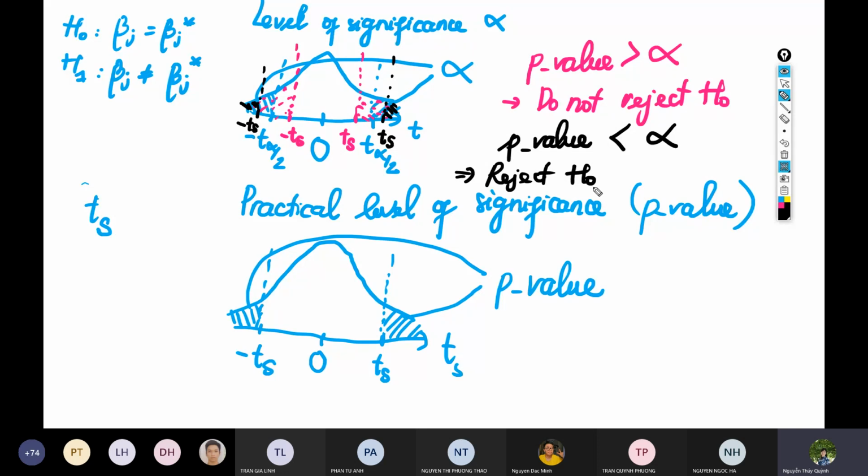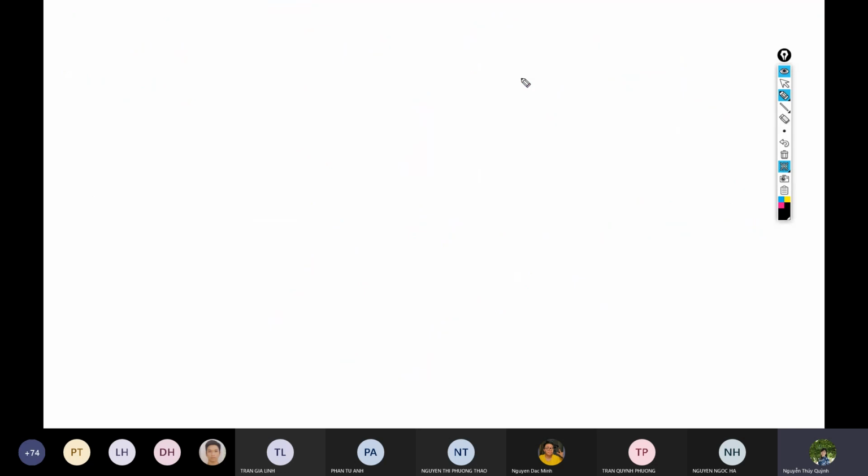All right, now for a one-sided test, for example, we have H0: beta z is less than or equal to beta z star, and H1: beta z is greater than beta z star.